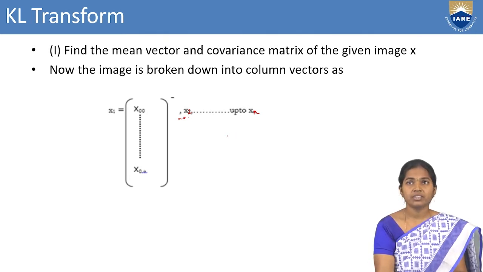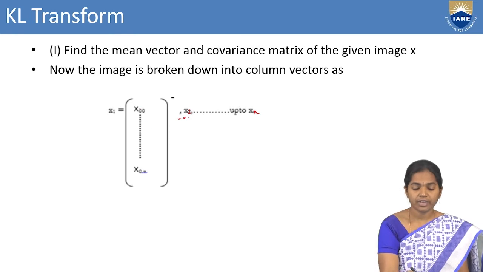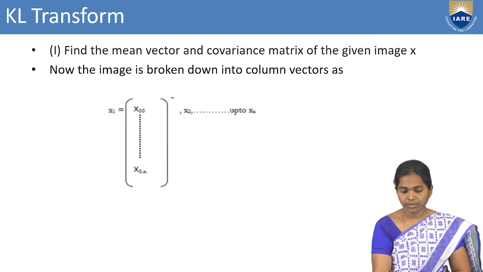Now the image is broken down into column vectors, x1 as x00 to x0,n, and so on up to xm,n.